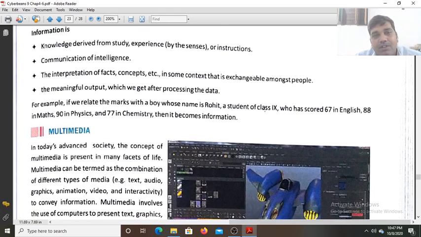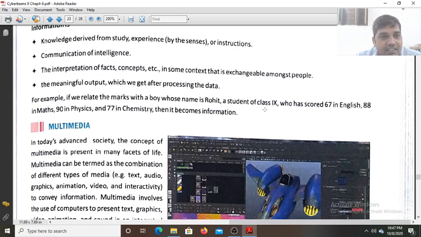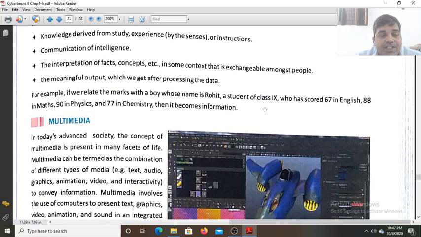Suppose you are working in a particular organization. After working for 5 or 7 or 10 years, you will acquire some knowledge with the help of the experience only. Next, information is the communication of intelligence. Yes, if you are communicating in a group, wherever you are working in that industry, so many colleagues are there, and if you communicate with the colleagues about your work, you are acquiring some knowledge.